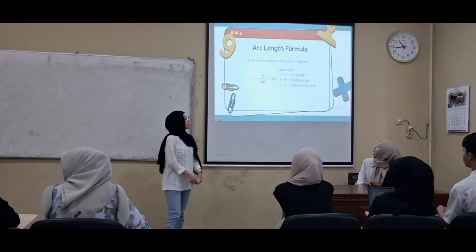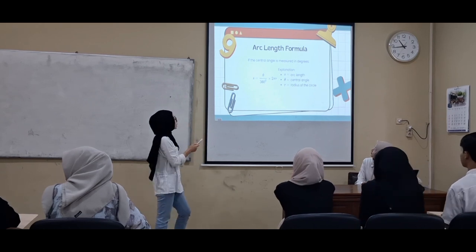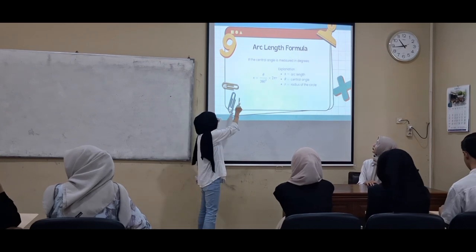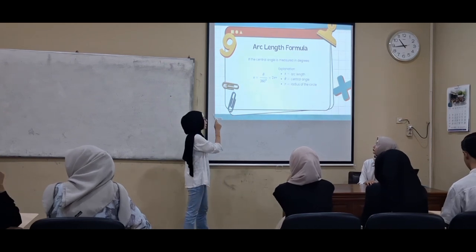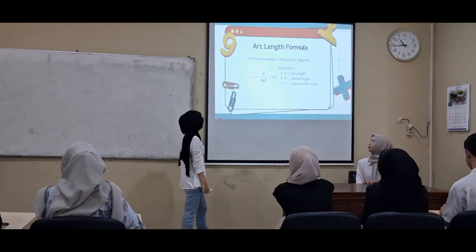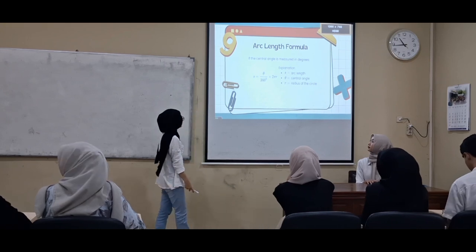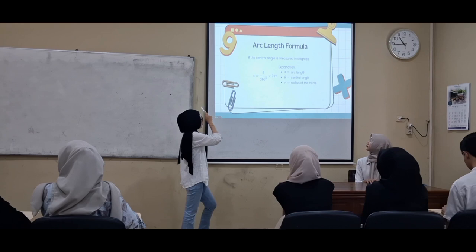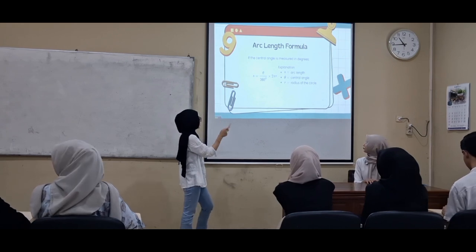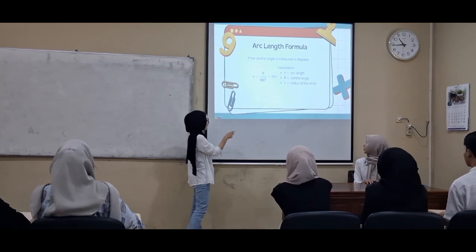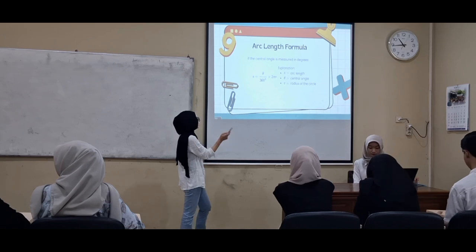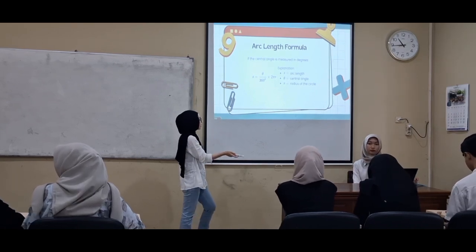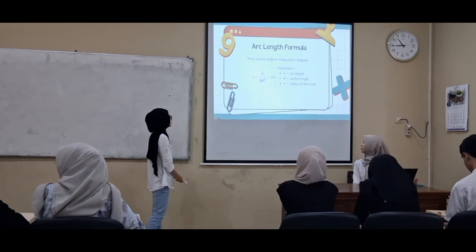Okay, next, to calculate the arc length, the formula is S equals theta over 360 degrees times 2 times pi times r. The explanation is S equals arc length, theta is the central angle, r is the radius of the circle.